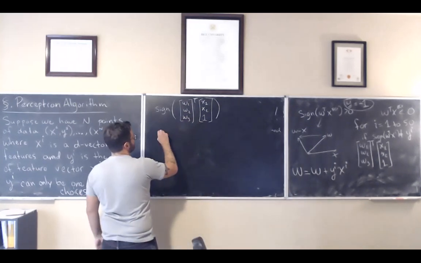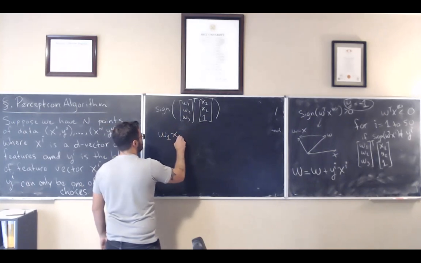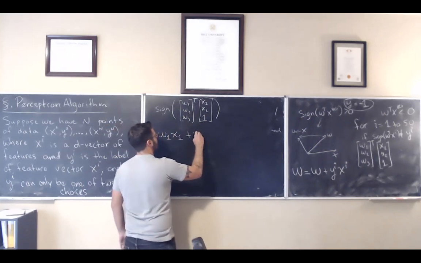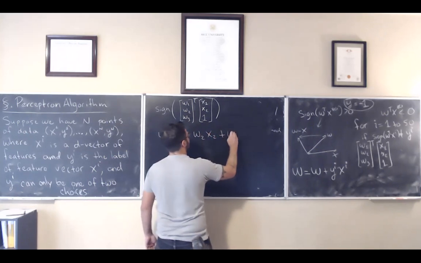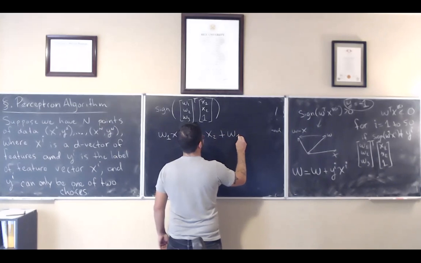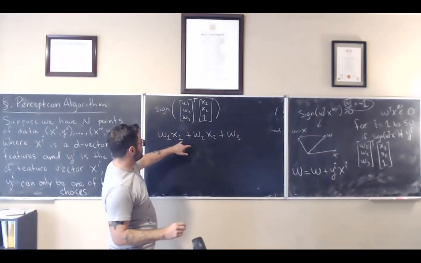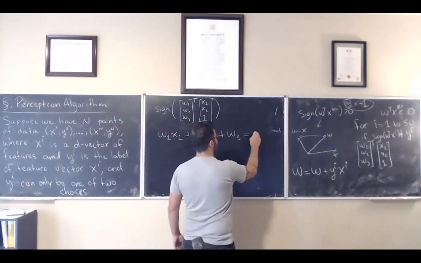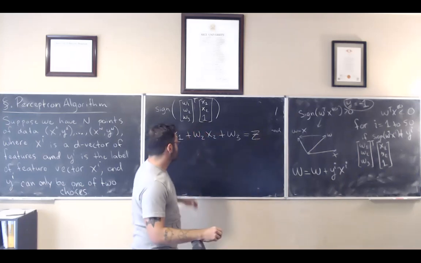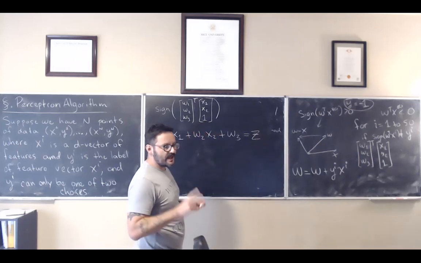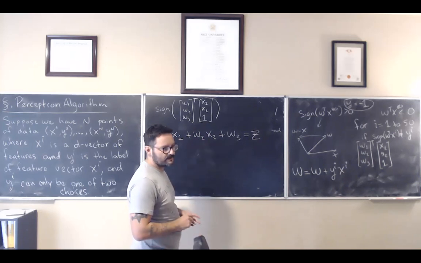So if we write this equation out, this is a function really of two variables, x1 and x2, right?